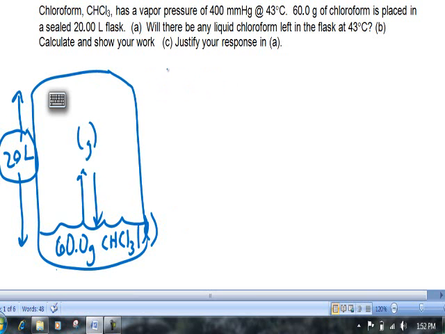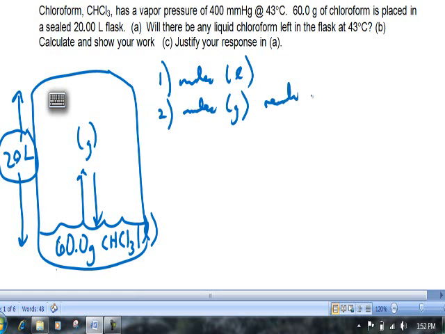Using moles, we're going to do two things. One, let's find out how many moles of liquid we have present. And two, how many moles of gas are required to reach the vapor pressure. And we can compare these to see whether or not liquid would remain and if the vapor pressure actually gets established.